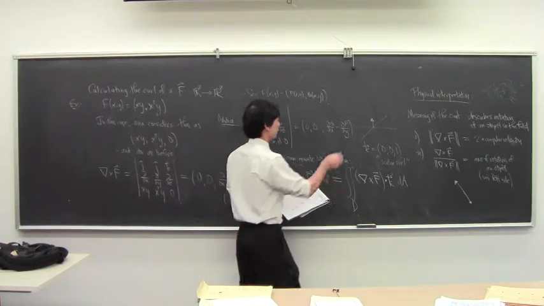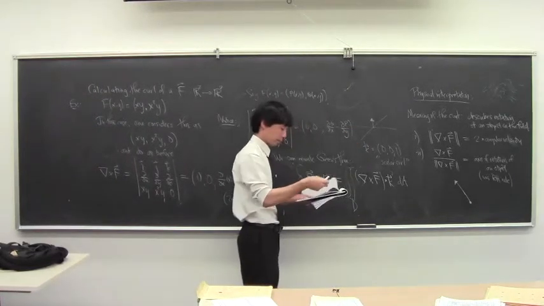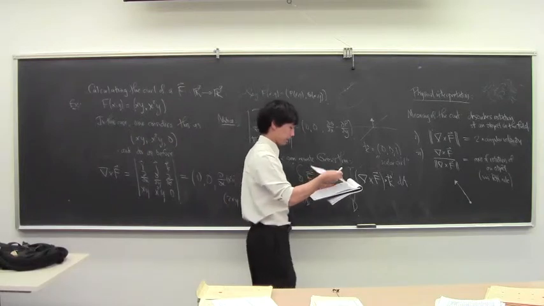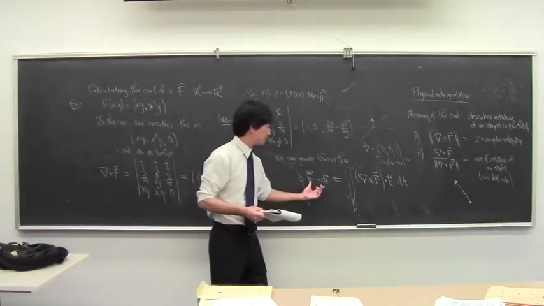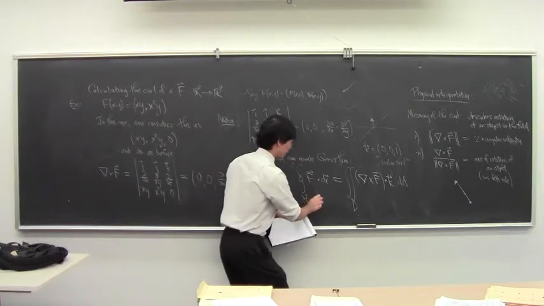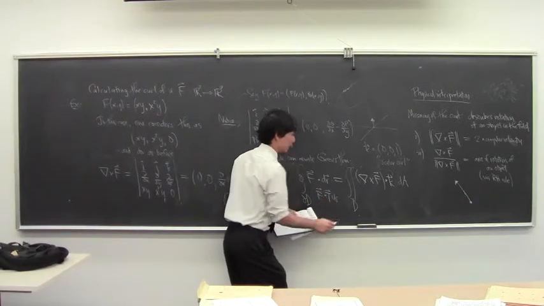To get the rotation, remember what this is: the field dotted with the unit tangent vector, ds.